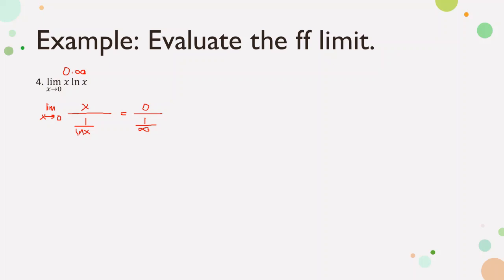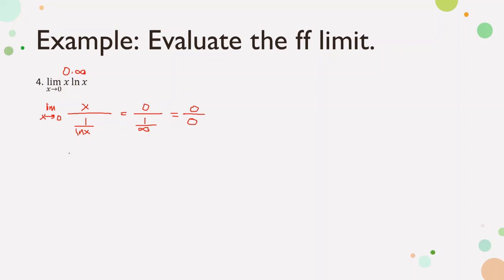So 1 over infinity, that is still equivalent to 0. So our form now changes to 0 over 0. This is another form of indeterminate forms that we have discussed last time, which is, if this is the form 0 over 0, we'll be using L'Hopital's rule.